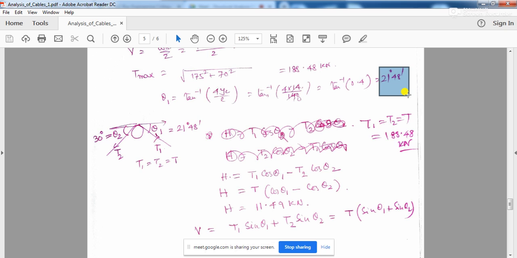Now we have got the value of the angle the main cable is making with the horizontal. We know the anchor cable angle with the horizontal, and we know how much is the force in the main cable and the anchor cable.